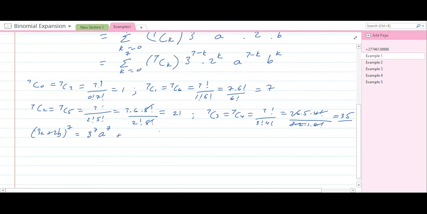the next one should be a to the power 6, b. We just need to figure out the coefficients here.